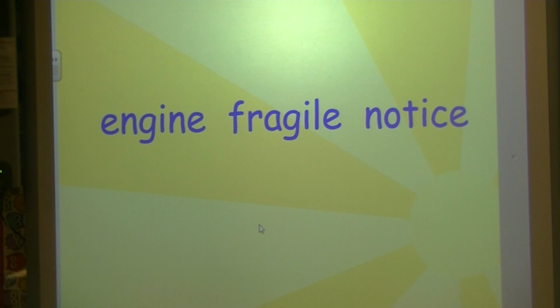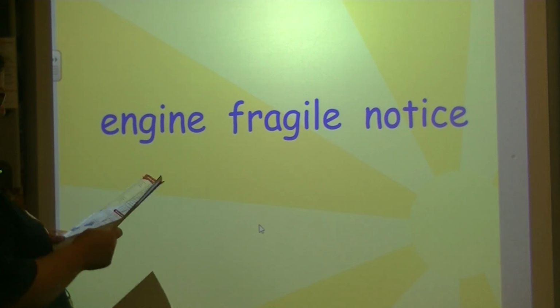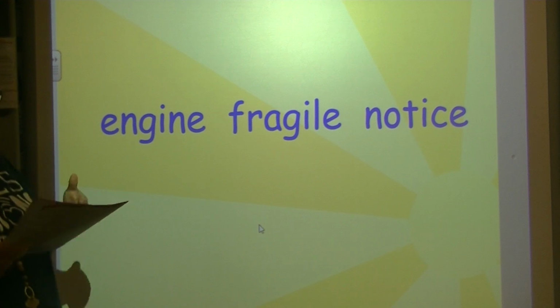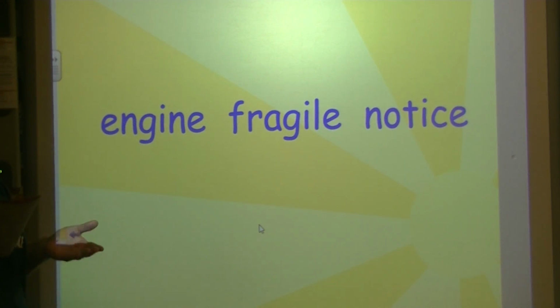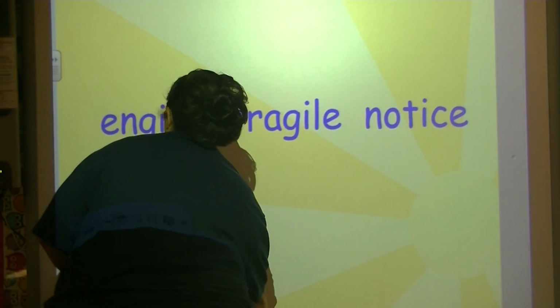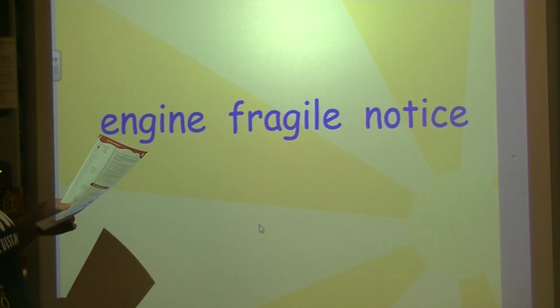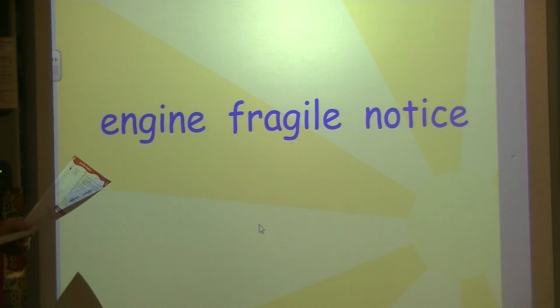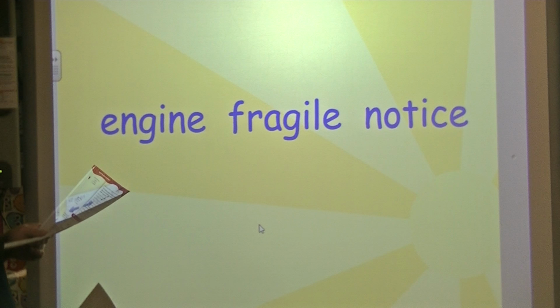Let's look at these words. All right, let's code these words and see if we can recognize them. All right, this first word. Do you see anything in this word that you know already?